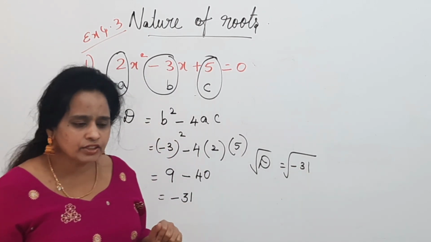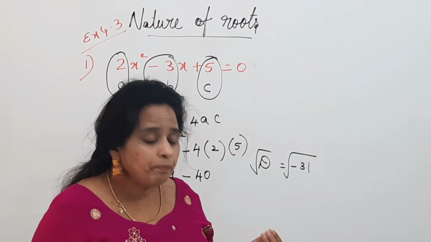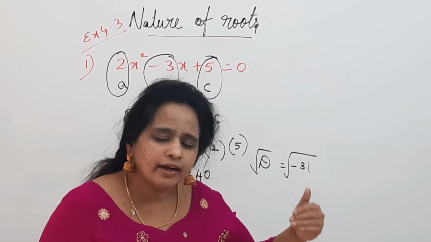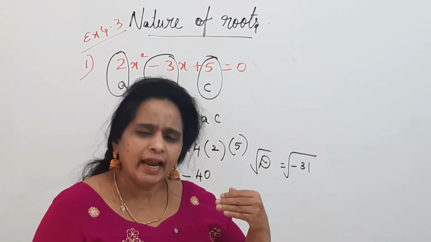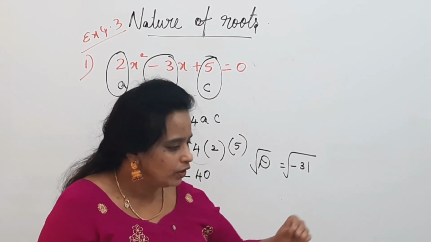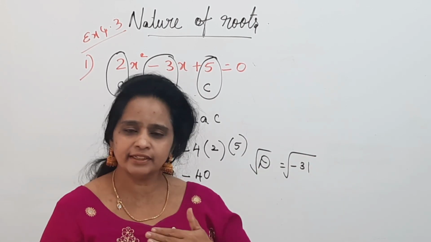You must have studied in your previous years, represent the number on the number line. That means any number you are given can be represented on the number line. So this is 1, this is 2, this is 3. So you can represent it.